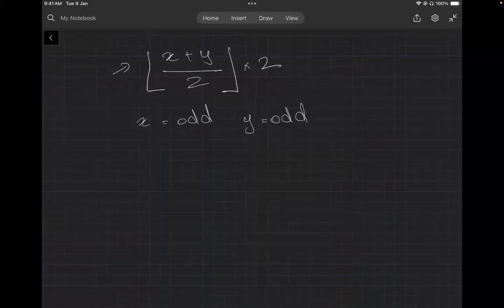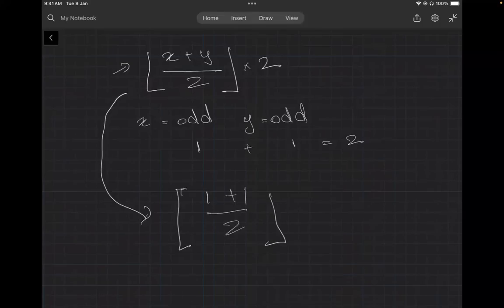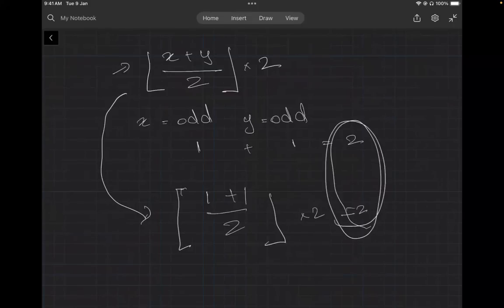What is the smallest odd number? It is 1. So 1 plus 1 gives us 2. Now what will happen if I do this? It will be 1 plus 1 divided by 2 into 2. So 2 divided by 2 is 1, into 2 is 2. So you can see that the sum remains intact.